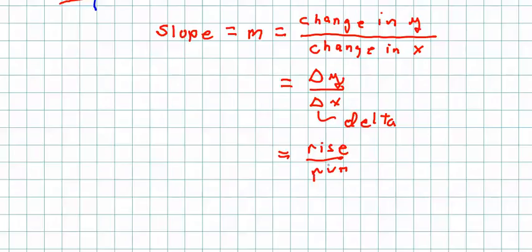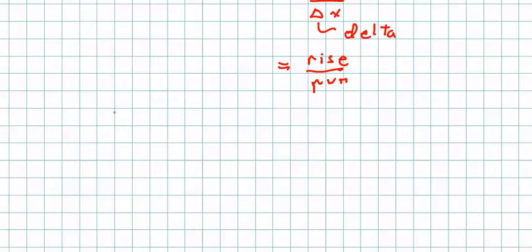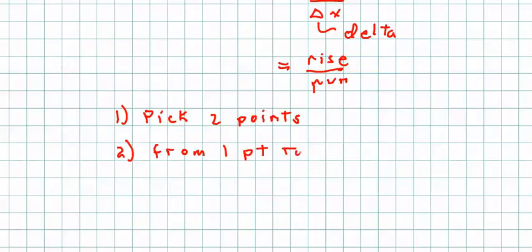Rise over the run. What you're going to do is pick 2 points on your graph, and from one point to the other, it doesn't matter which one, calculate the rise and the run.